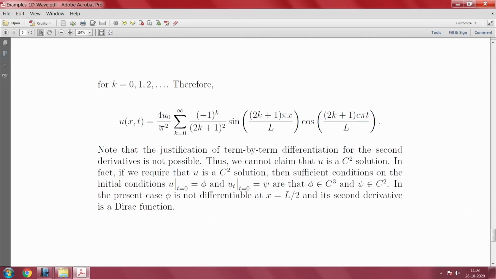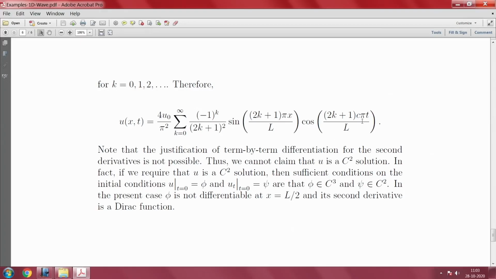So, though a nice looking formula, we cannot claim that u is a C2 function, because generally in this infinite series we rely on term by term differentiation, and if u is C1, that is no problem, because if you differentiate once, so still there is one factor left here, 2k plus 1, and that makes that summation convergent.